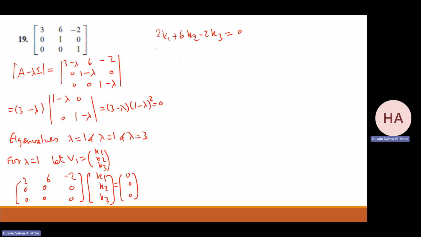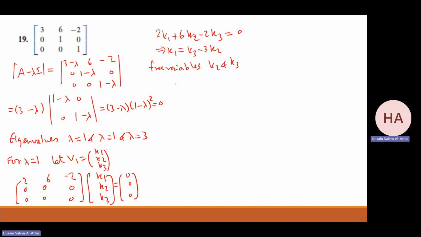So I have k1 equal to k3 taken to the other side and divided by 2, minus 3k2. That means I have two free variables, k2 and k3.